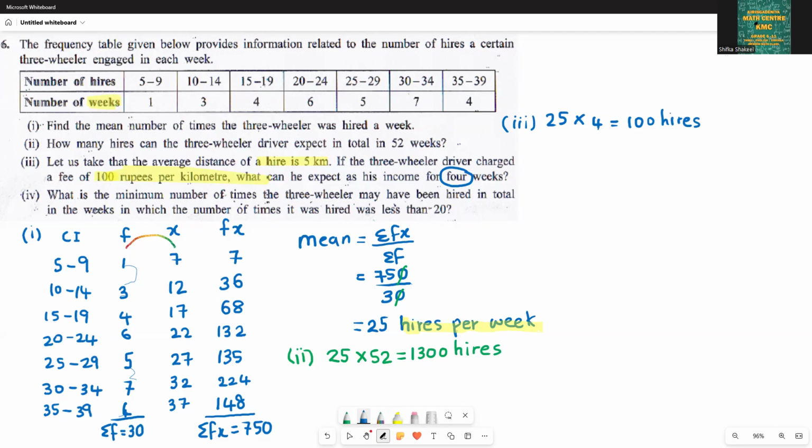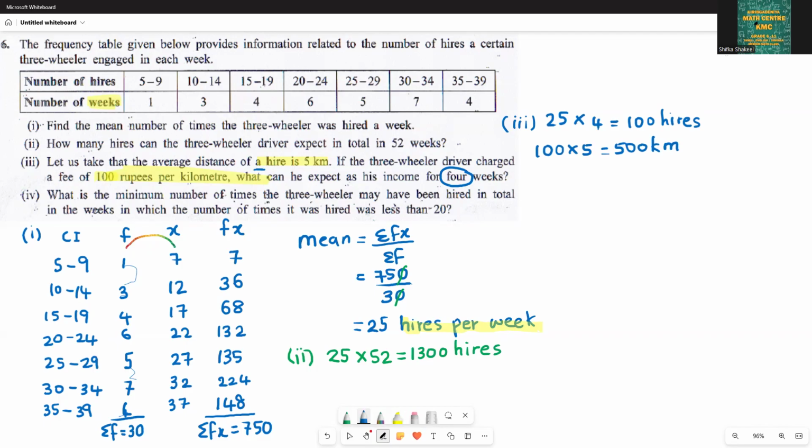One hire is 5 kilometers, so 100 hires into 5 kilometers is 500 kilometers for 4 weeks.